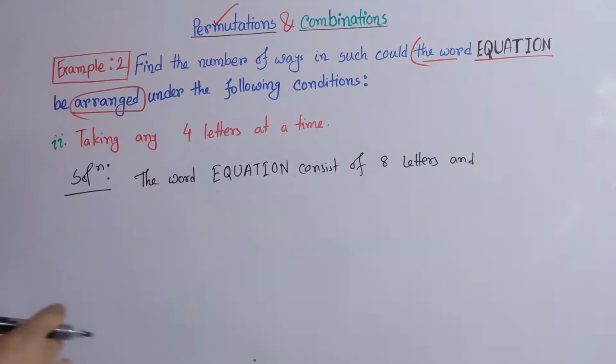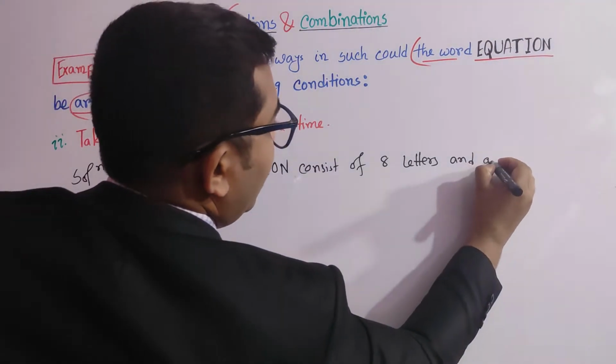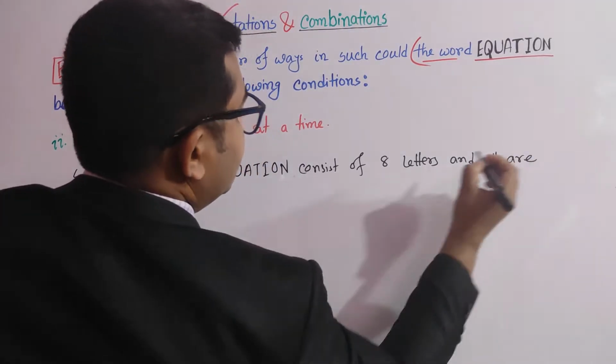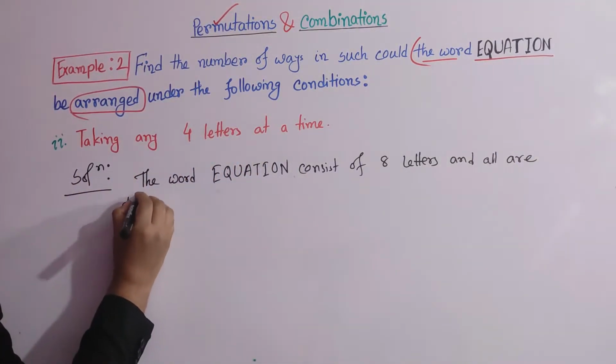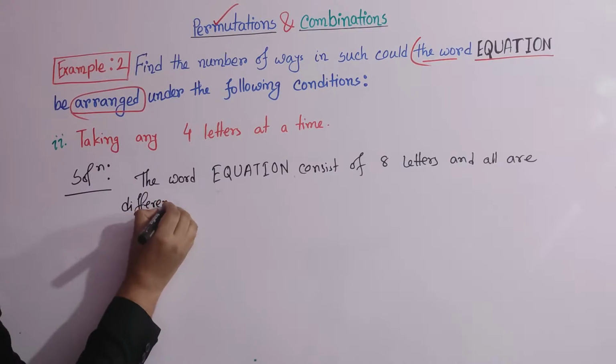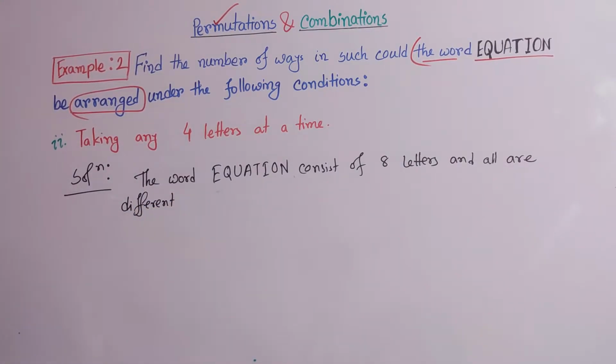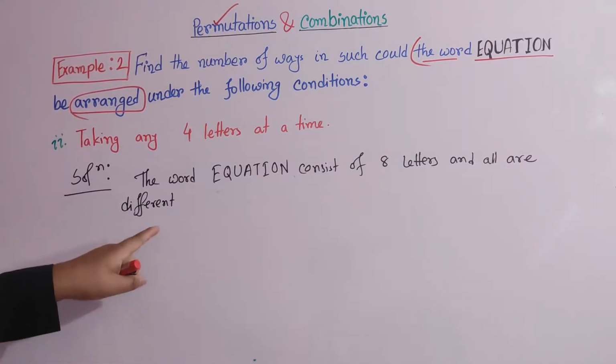This is the line we have to write every time. Okay, the word equation consists of 8 letters and all are different.